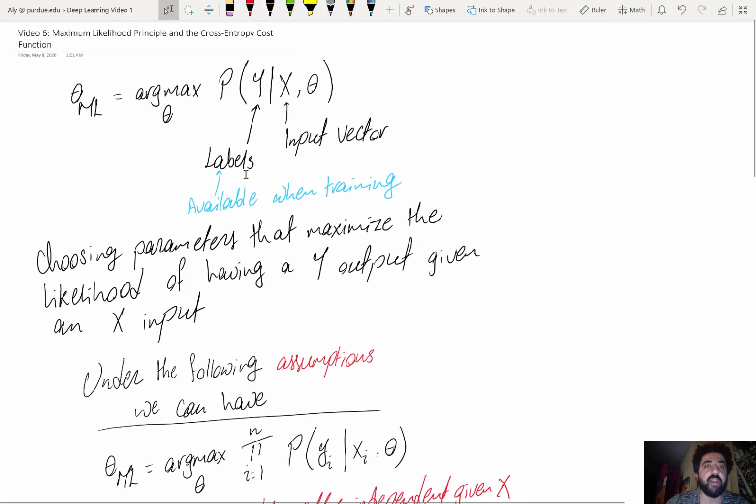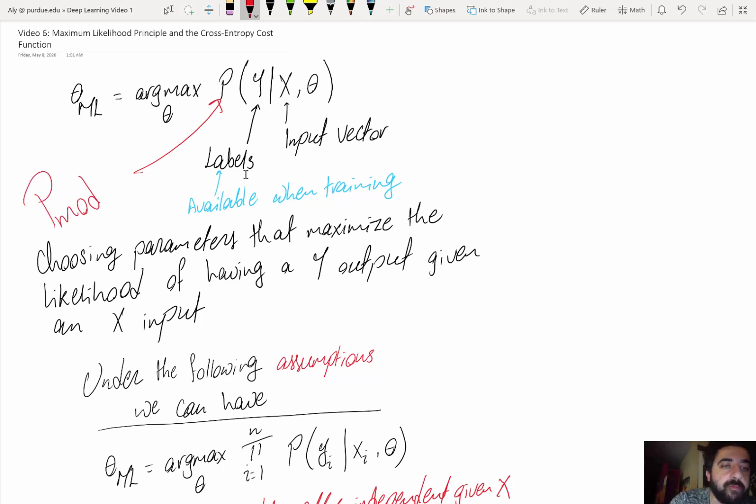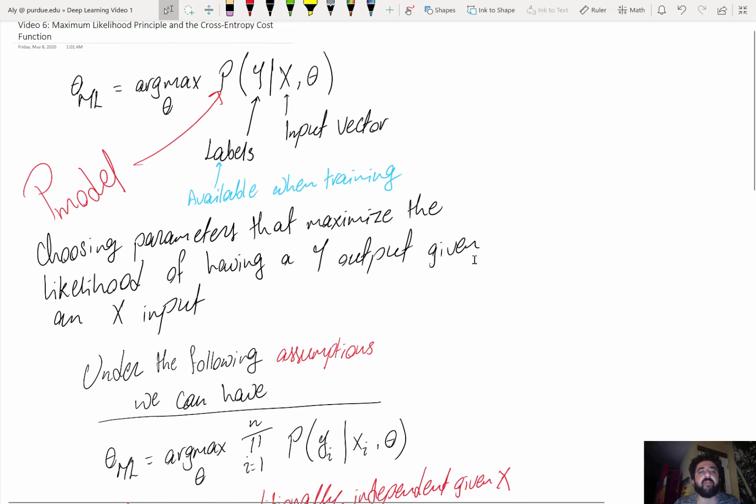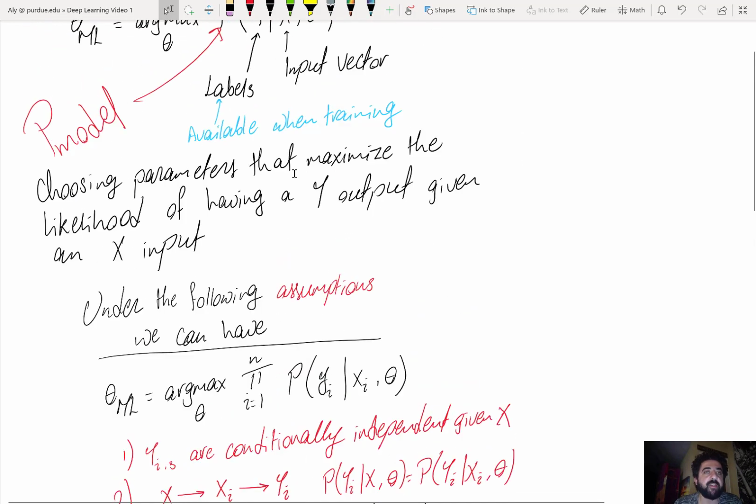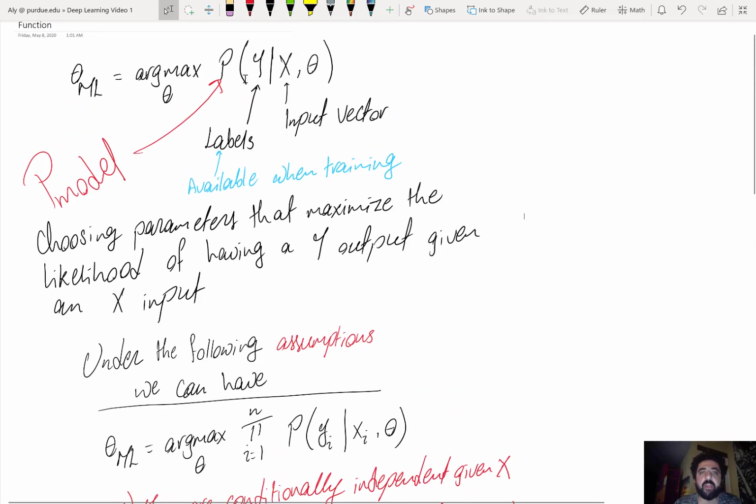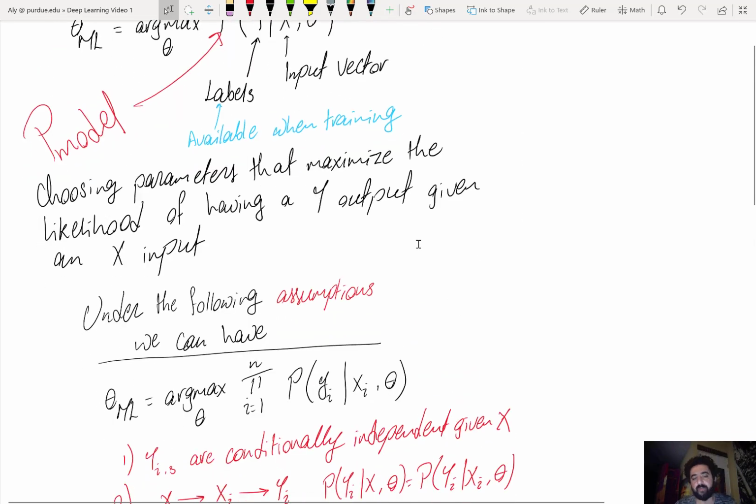Actually, to be more accurate, this p here is the p model, the probability that the model outputs the labels y given the input vector x. Okay, so let's play with that very basic equation. Theta ml is the argmax over theta of p of y given x and theta, right?